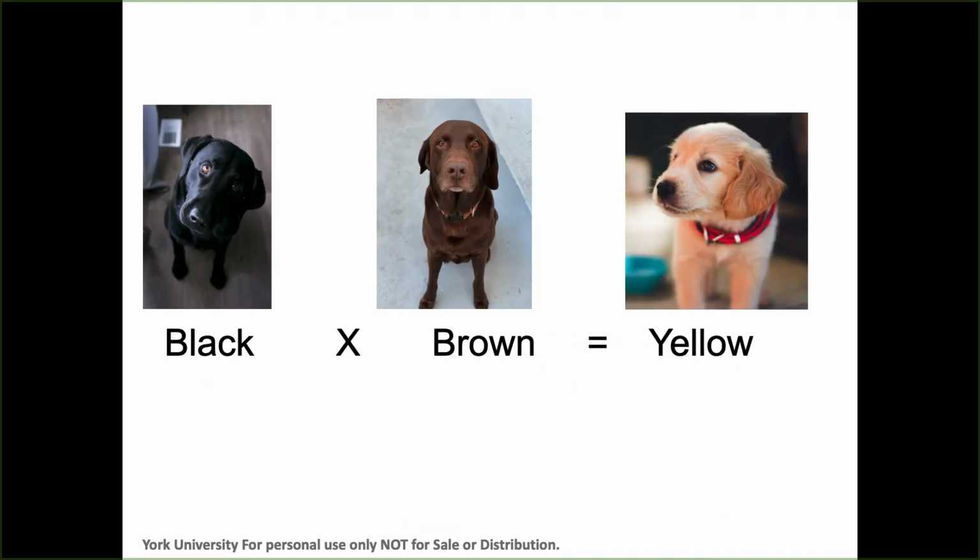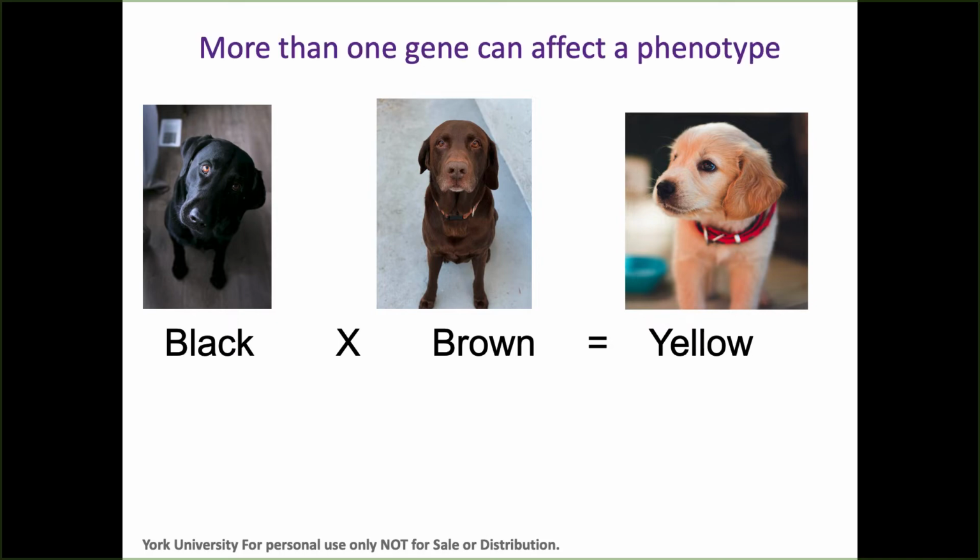Well, it turns out that in this black, brown, and yellow coloring system for fur in dogs, there's more than 1 gene involved. So more than 1 gene can affect a phenotype, and this is a really nice example of exactly that. And it's always fun to look at pictures of puppies. Here's the situation.